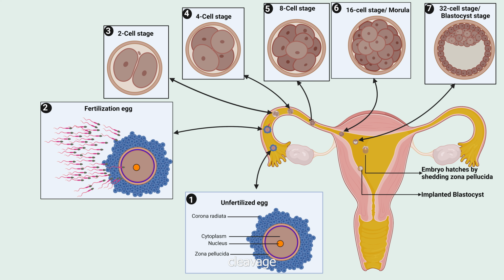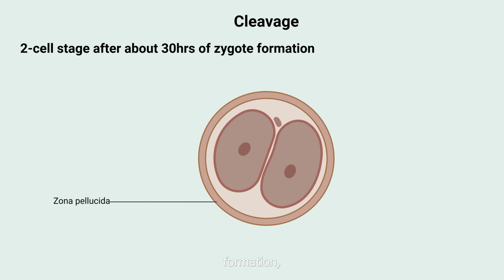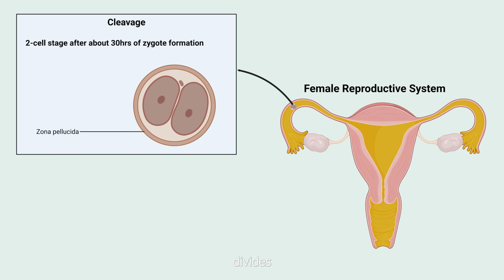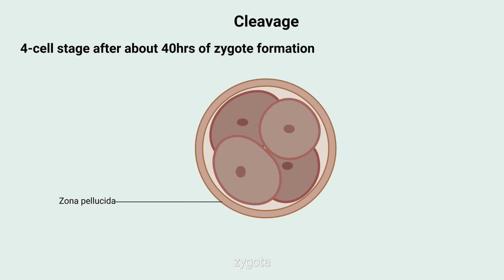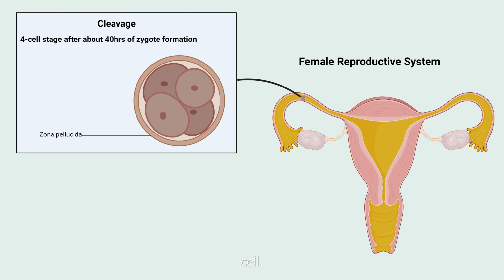The first stage of cleavage results in the formation of a 2-cell stage after about 30 hours of zygote formation. This 2-cell stage then further divides into a 4-cell stage after 40 hours of zygote formation. Division continues as the 4-cell further divides into 8-cell.